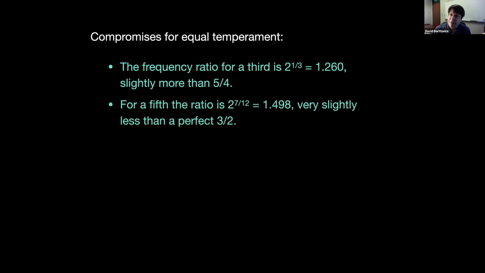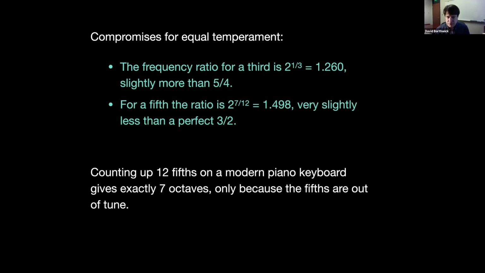And the fifth is even better. I think if the fifth were way out, then this would not have been the system that we adopted. For the fifth, the actual ratio that we use is 2 to the 7/12. But that turns out to be very close to 3/2, and so it's barely detectable that the fifth is wrong. Most modern pianos are tuned by equal temperament. And when you count up 12 fifths on a modern piano keyboard, you get exactly 7 octaves.